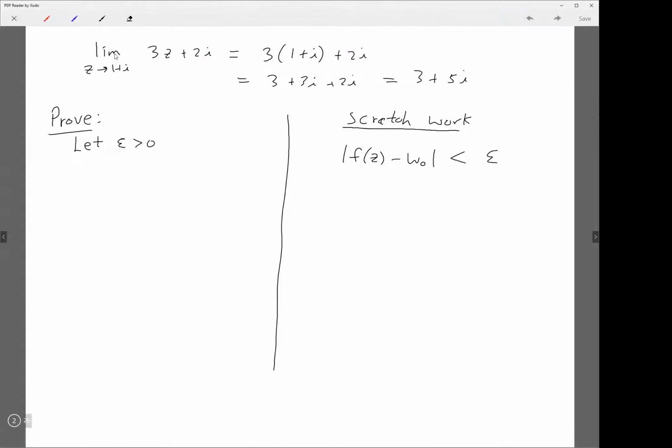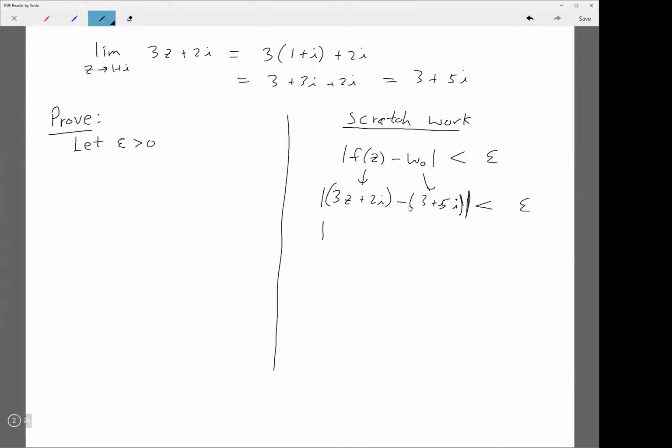So you just plug everything in. This is our function, 3z plus 2i, and then our w0 is this 3 plus 5i. So f of z is there, and w0 is 3 plus 5i. Now you want to simplify everything as much as you can.